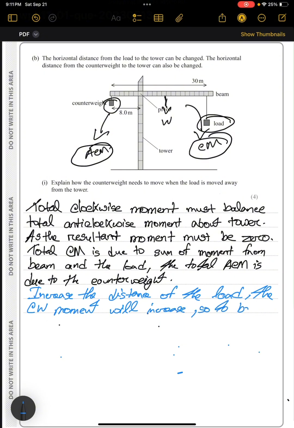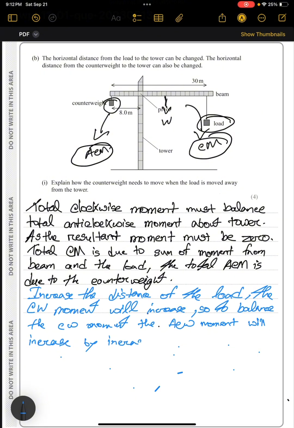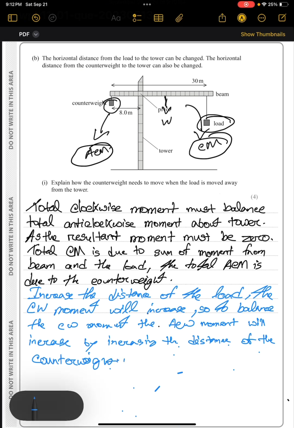So to balance the clockwise moment, the anti-clockwise moment will increase by increasing the distance of the weight of the counterweight.